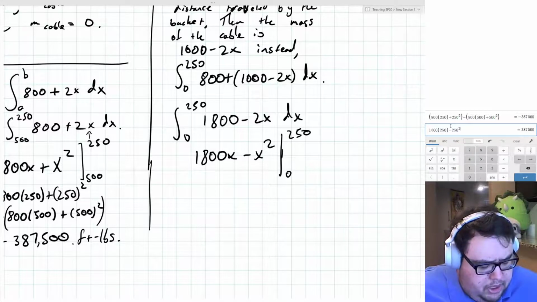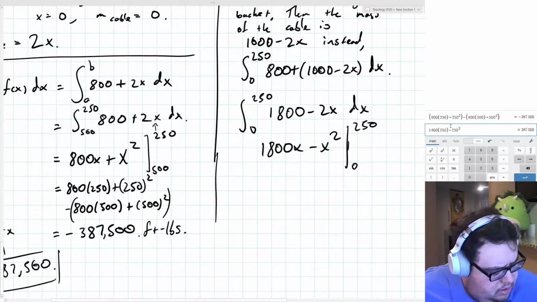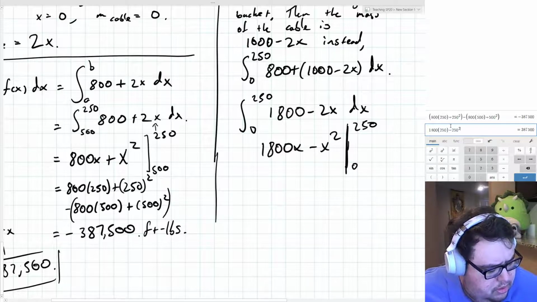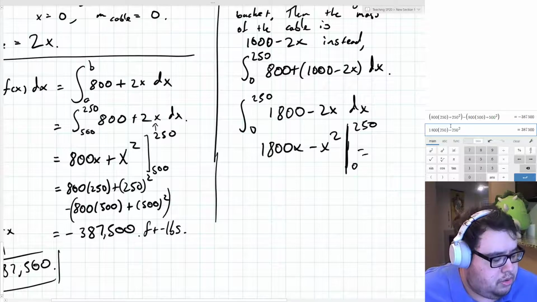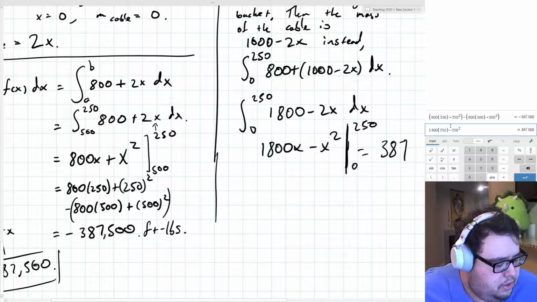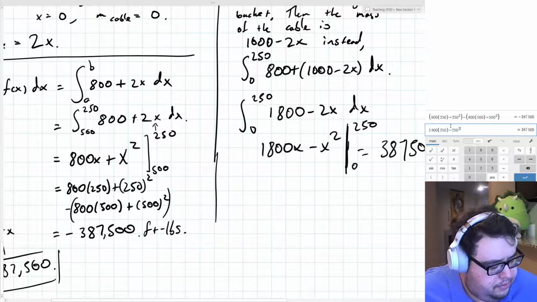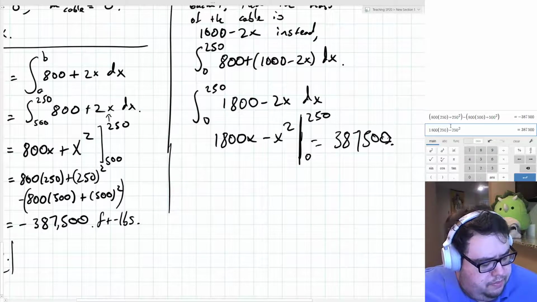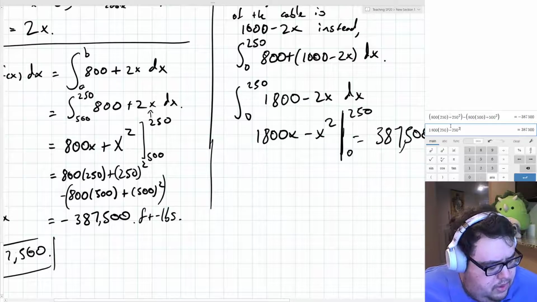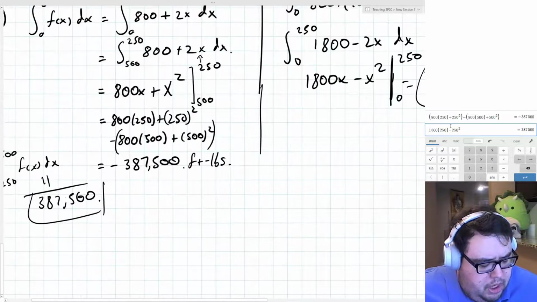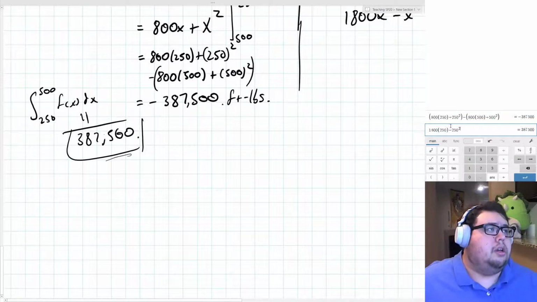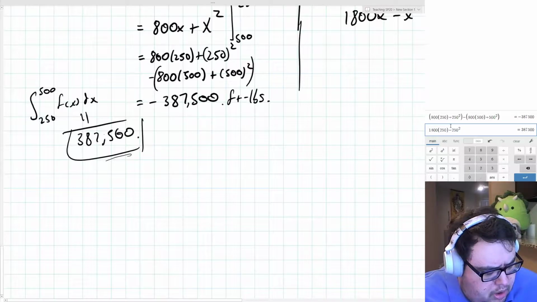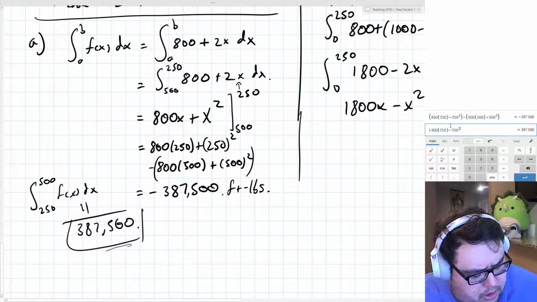Yeah, so I think maybe I just didn't need to switch the bounds. Maybe the bounds should have been in the conventional direction. So this is also just 387,500. So it's reasonable to use some common sense and note that this number should in fact be positive. And apparently, don't be an idiot like me and switch the bounds.